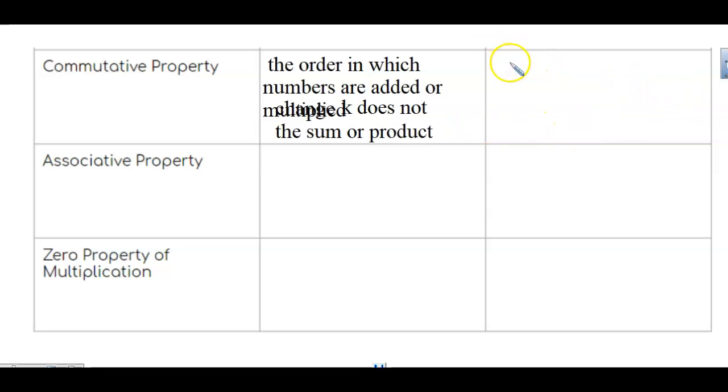Okay, so this is going to be true with like 4 plus 8. Okay, the order doesn't matter. So 8 plus 4 would also work.